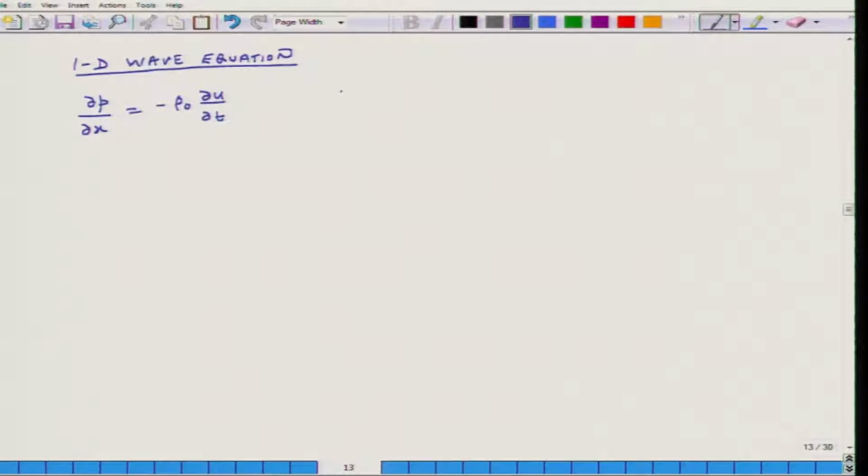The second equation is partial of u with respect to x times Vt equals the total derivative of change in volume over time. So, that is my continuity equation.